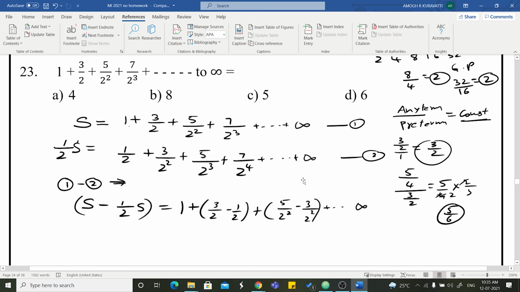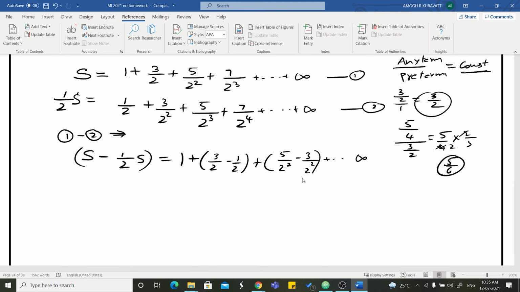So simplify S minus 1 by 2 S. LCM is 2. 2S minus S is S by 2 is equal to 1 plus 3 by 2 minus 1 by 2.